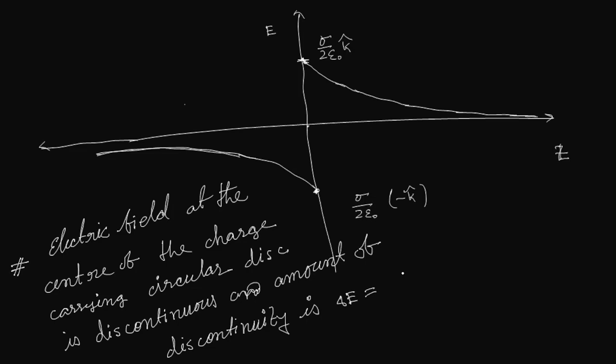This gives sigma divided by 2 epsilon naught minus minus sigma divided by 2 epsilon naught, which gives sigma by epsilon naught.